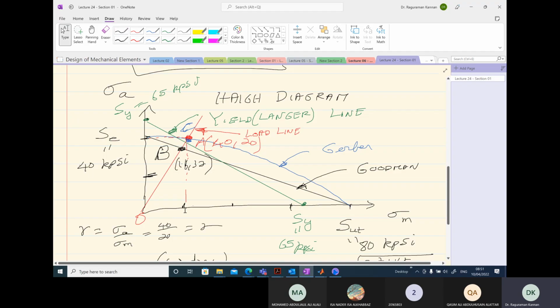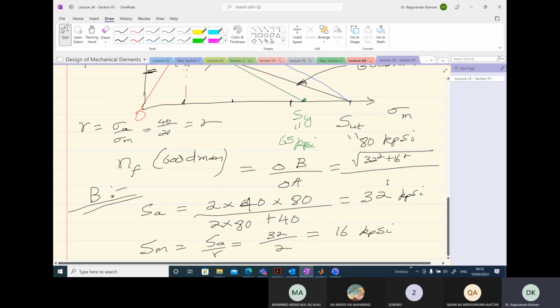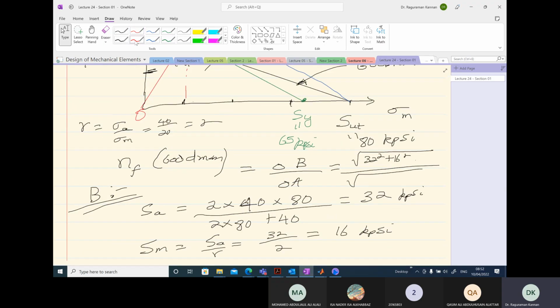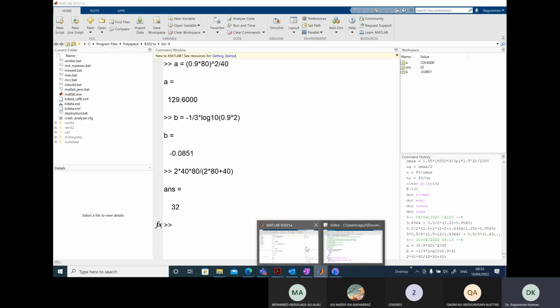So use the Pythagoras theorem: 16 square plus 32 square, and that's what we have used. OA, we know the point A coordinates are 20, 40 again. I think I wrote it the other way, it should have been 20, 40. So we can write it as 20 square plus 40 square. Definitely you are going to get a value less than 1.